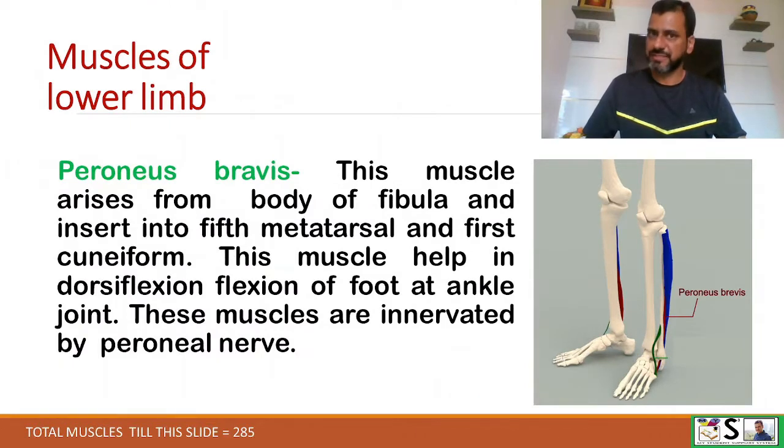Peroneus brevis. This muscle arises from body of fibula and inserts into fifth metatarsal and first cuneiform. This muscle helps in dorsiflexion of the foot at ankle joint. These muscles are innervated by peroneal nerve.